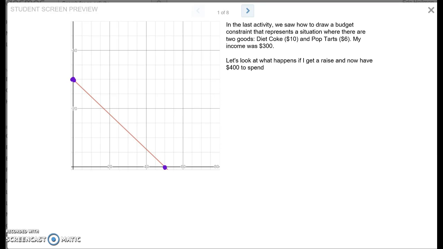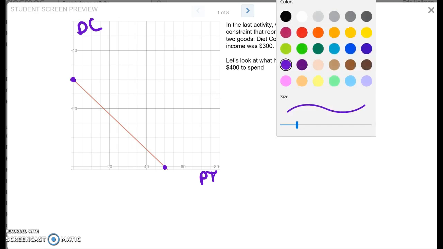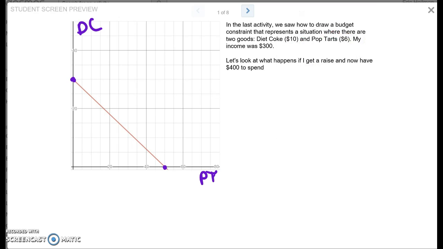Okay, so the vertical axis here is Diet Coke, and the horizontal axis is Pop-Tarts. So the question is, what happens if my income goes up to $400? What's going to happen is, if I spend all of my $400 on Diet Coke, instead of 30 cases, I can now afford 40 cases.